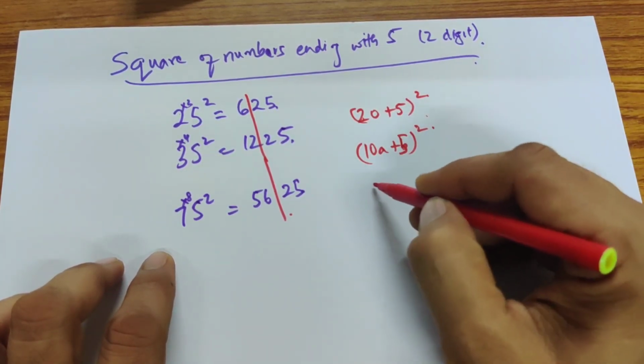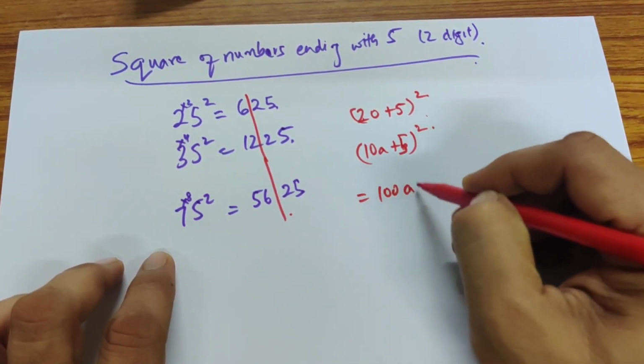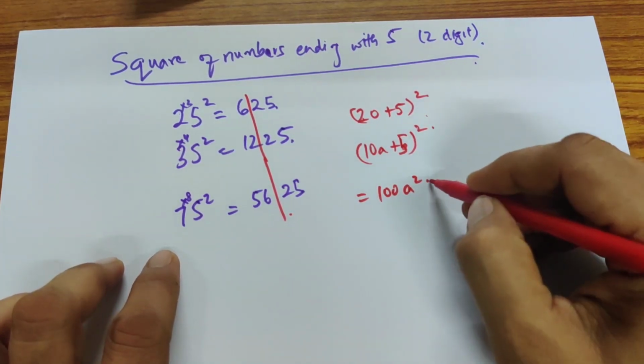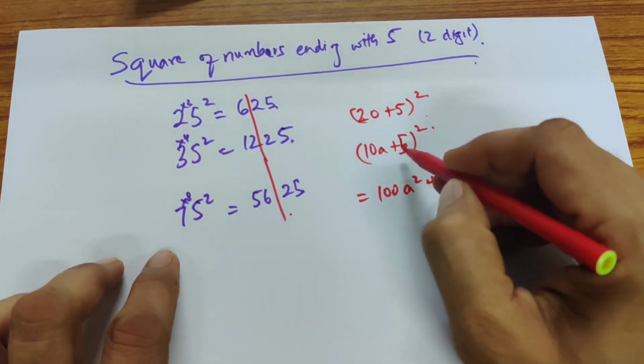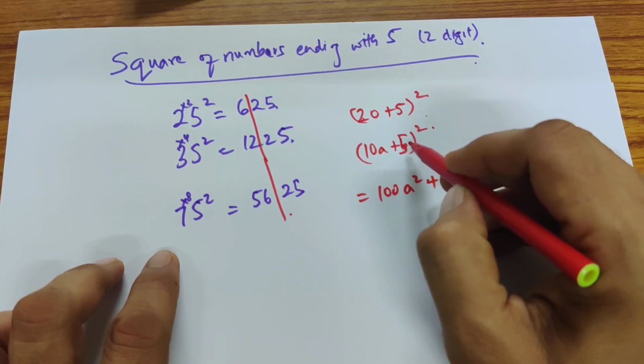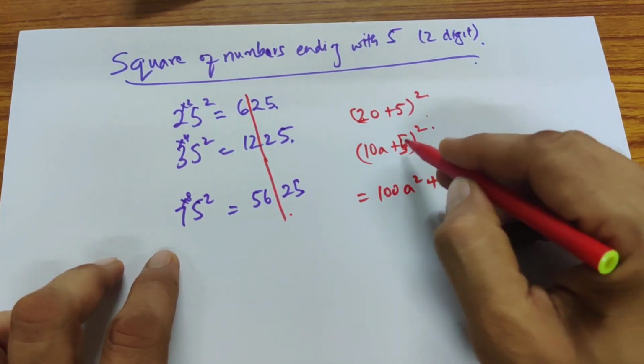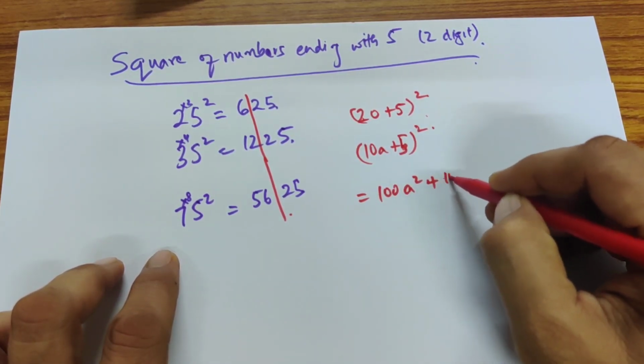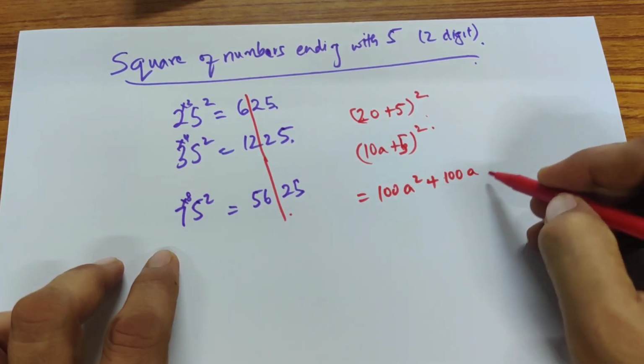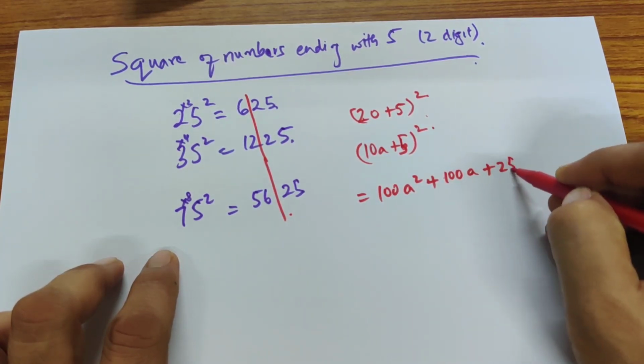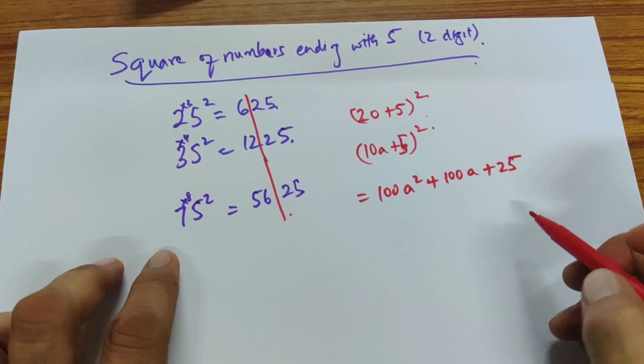So that is, of course, 100 times a squared, plus 2 times ab, which becomes another 10, so that's again 100 times a, plus b squared, 5 squared, so 25.